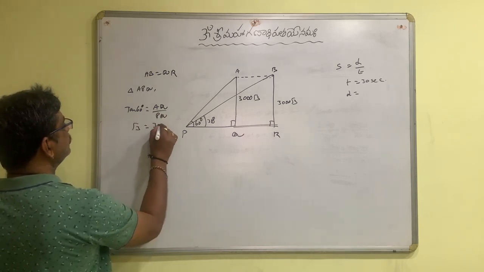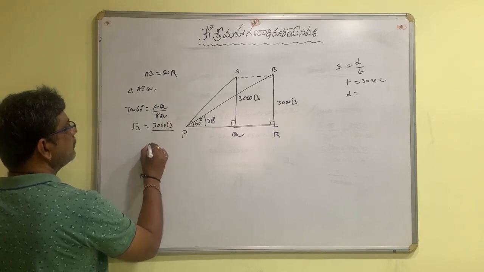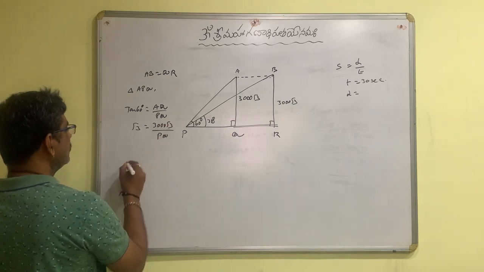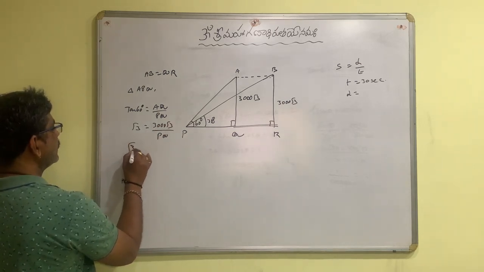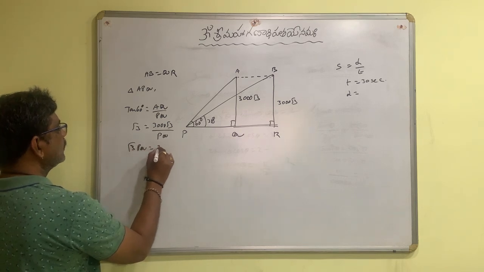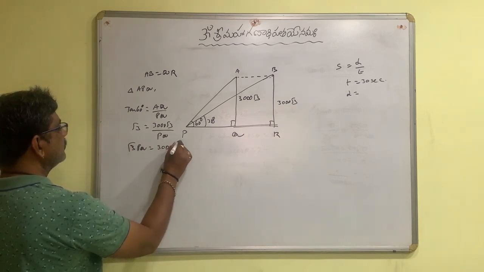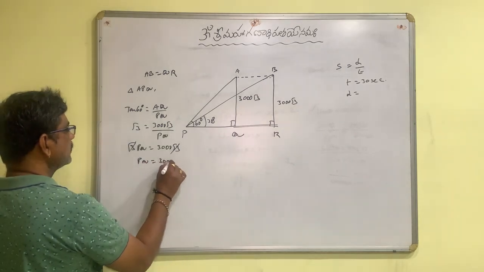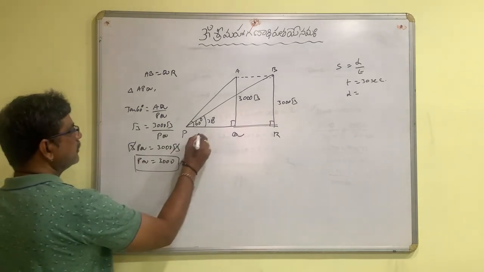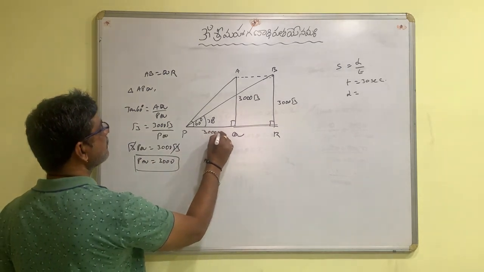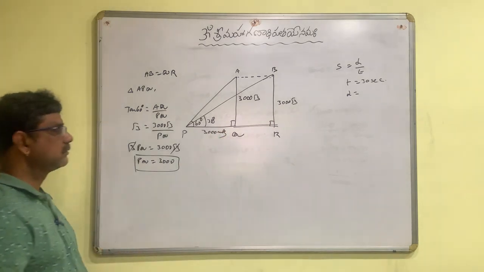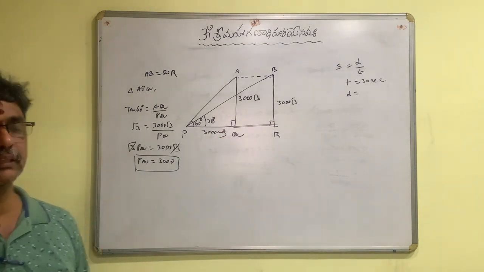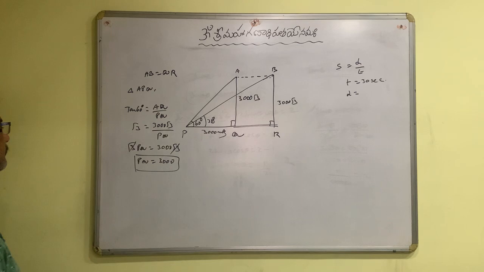So root 3 is equal to 3000 root 3 by PQ. Then root 3 PQ is equal to 3000 root 3. Root 3 gets cancelled. PQ is 3000 meters. The distance between P and Q is 3000 meters.